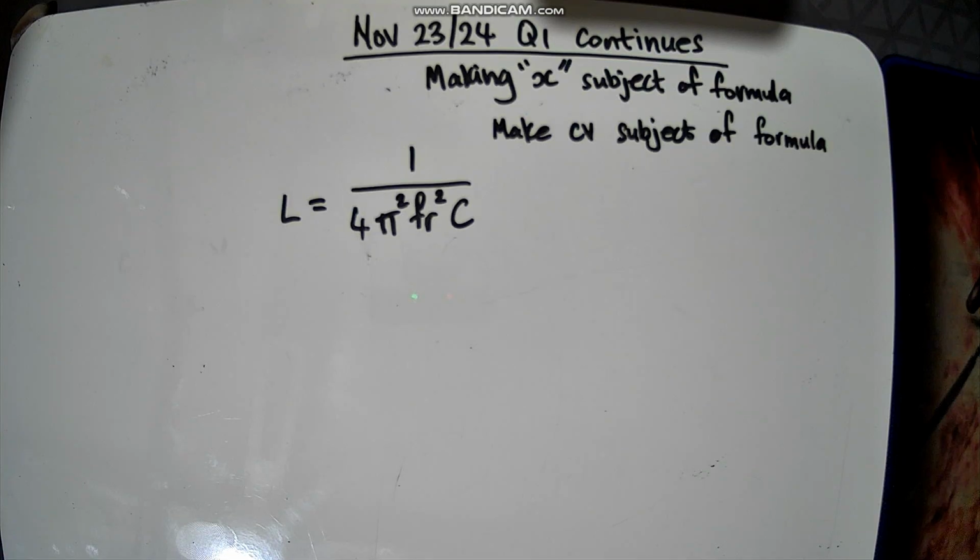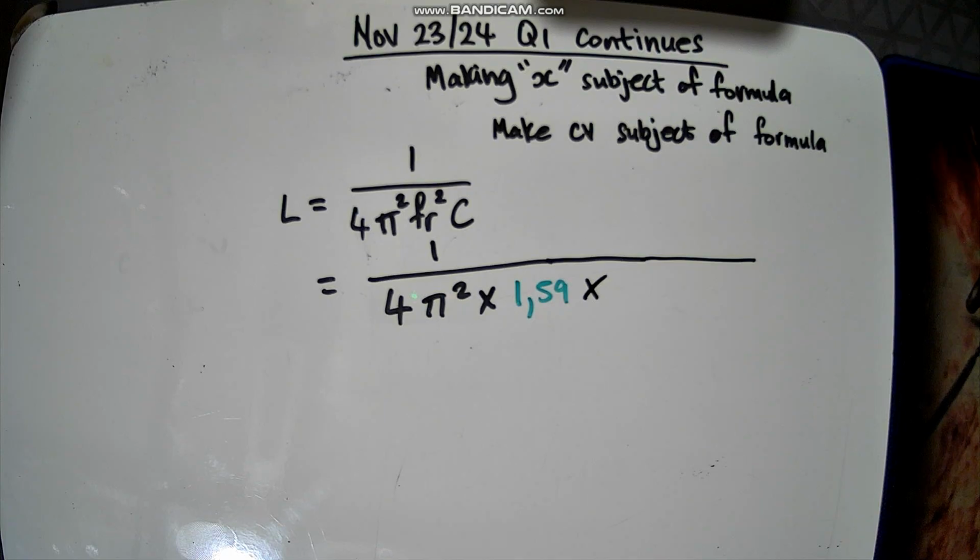So all you have to do is substitute those numbers. So where you see FR, put in 1,59, and then the capacitance is 0,65 times 10 to the minus 6.